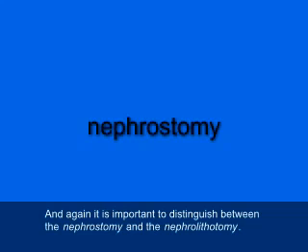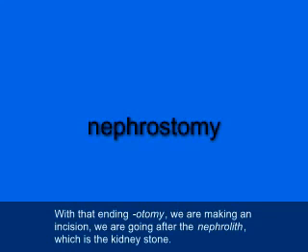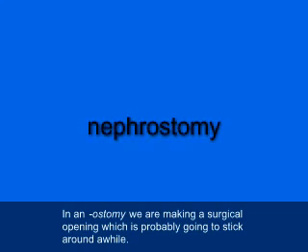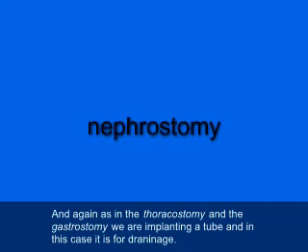And again, it's important to distinguish between the nephrostomy and the nephrolithotomy. With that ending otomy, we're making an incision. We're going after the nephrolith, which is the kidney stone. In an ostomy, we're making a surgical opening, which is probably going to stick around for a while. And again, as in the thoracostomy and the gastrostomy, we're implanting a tube, and in this case, it's for drainage.